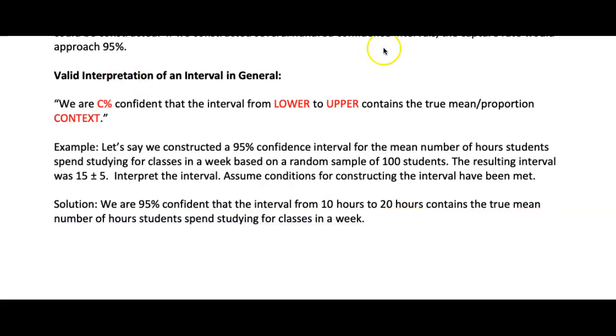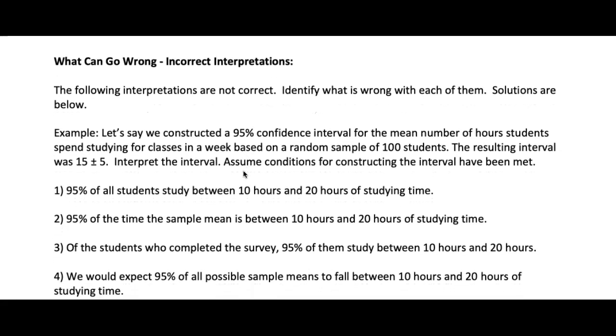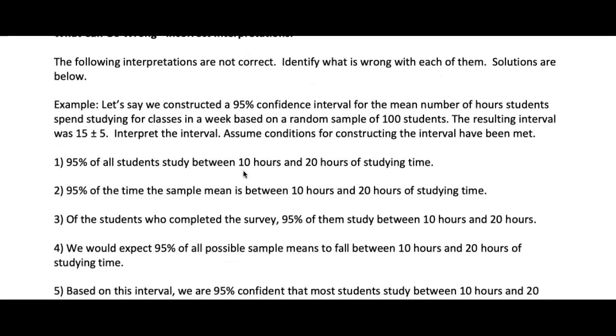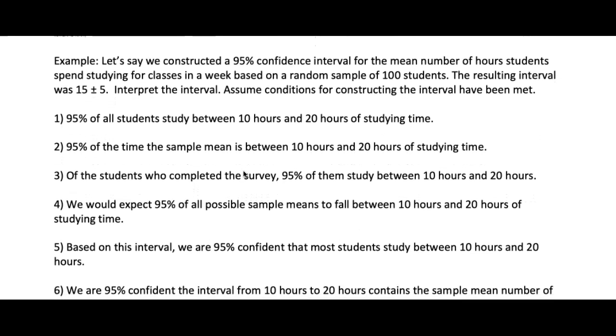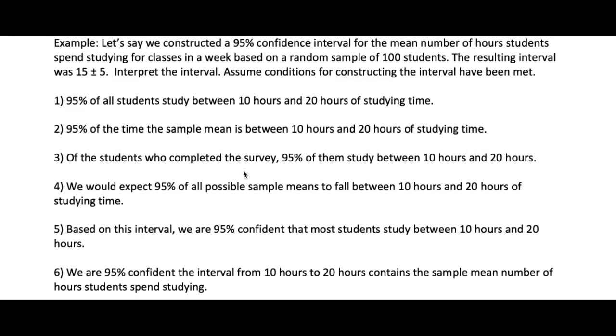So what about some wrong interpretations? Where can we go wrong? We'll continue to focus on this example of the hours spent studying. But here are 6 statements that are incorrect interpretations. I would encourage you to pause the video and see if you can figure out why those statements are incorrect.